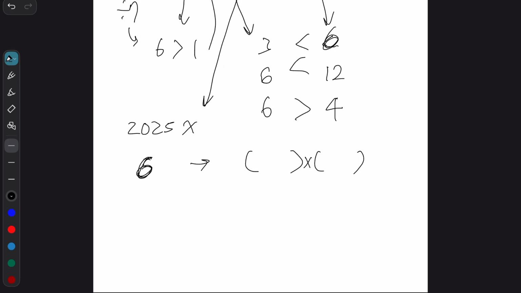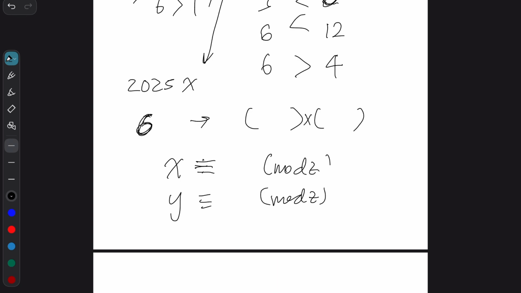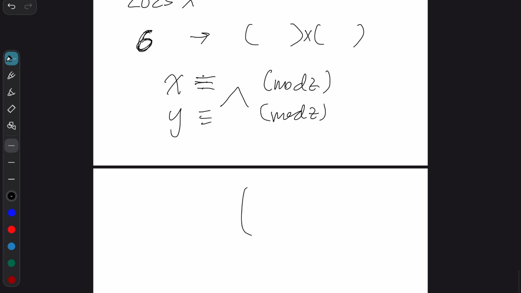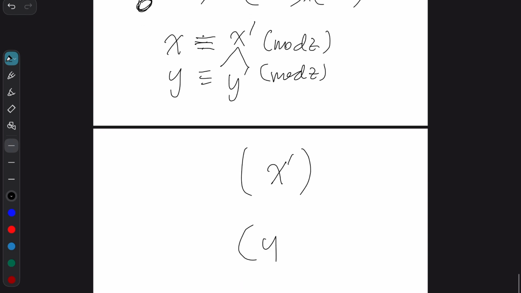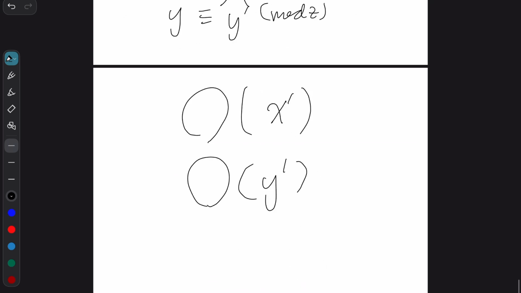So if we think of it as x divided by z's remainder, y divided by z's remainder, this holds true every time. We gotta make it so that, let's call x's remainder x prime and y's remainder y prime. The 2025x divided by z remainder should be something times x prime, and same thing here. Now this something should be 1, as the example mentioned earlier, 3, 6, 6, 12, this direction changes.